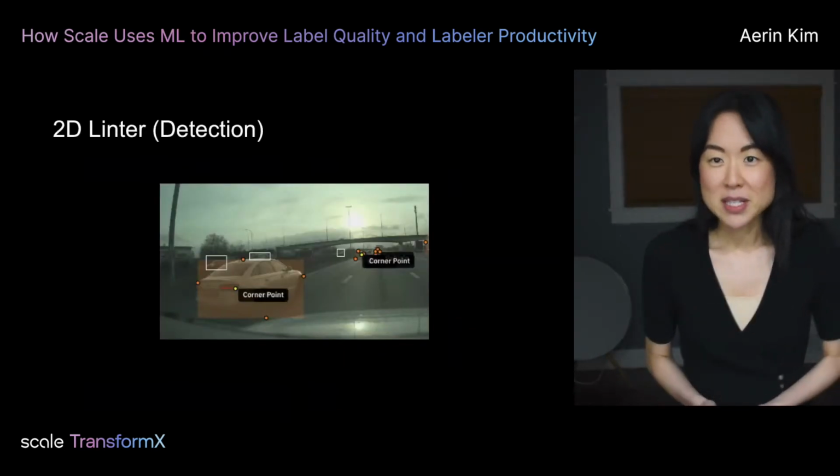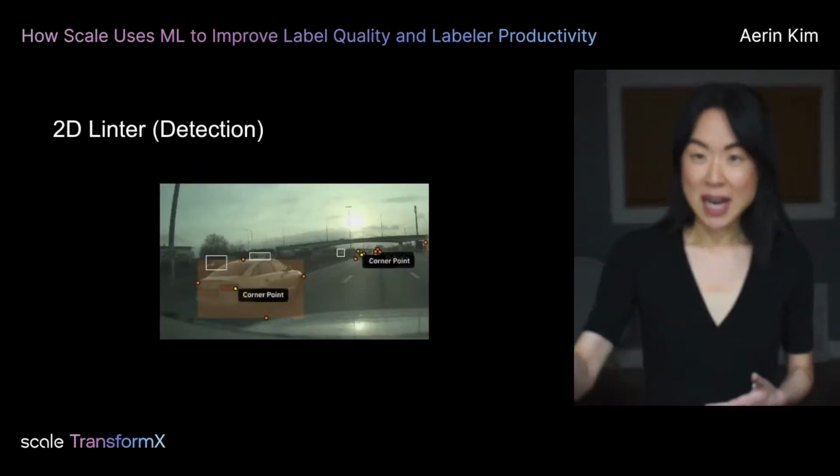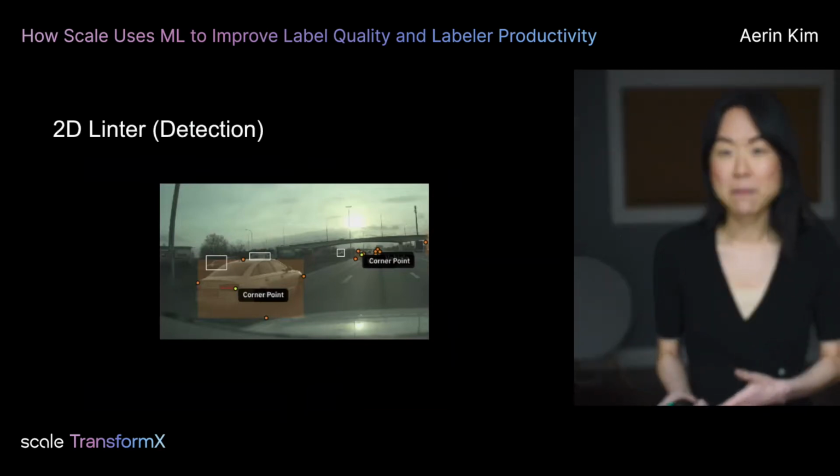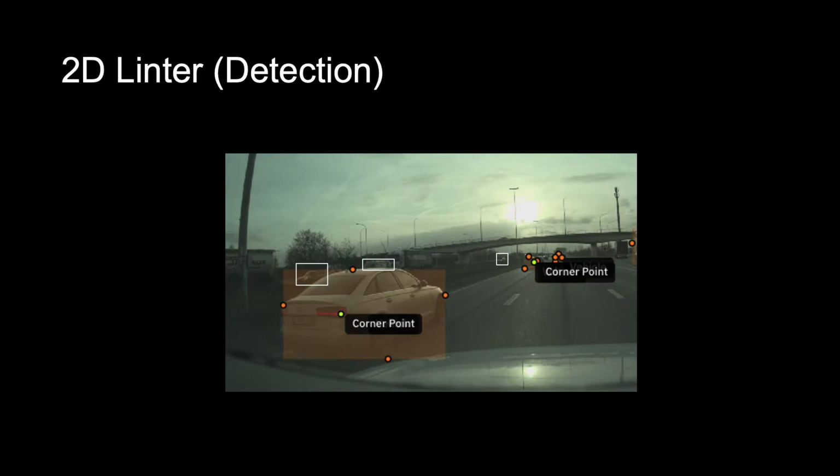Another example is the cars from the other side of the highway were missing, and the linter was able to catch them. What's good about the linter is that it not only catches the errors that people make, but also helps us build an understanding of those frequent mistakes by people.